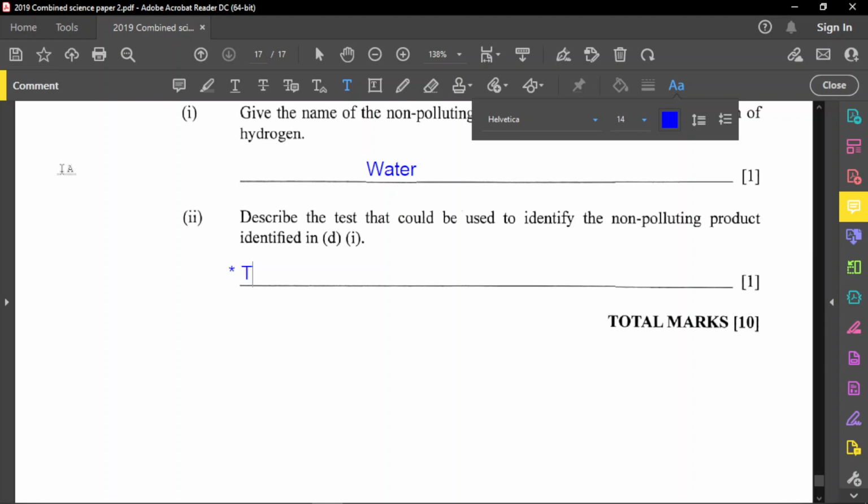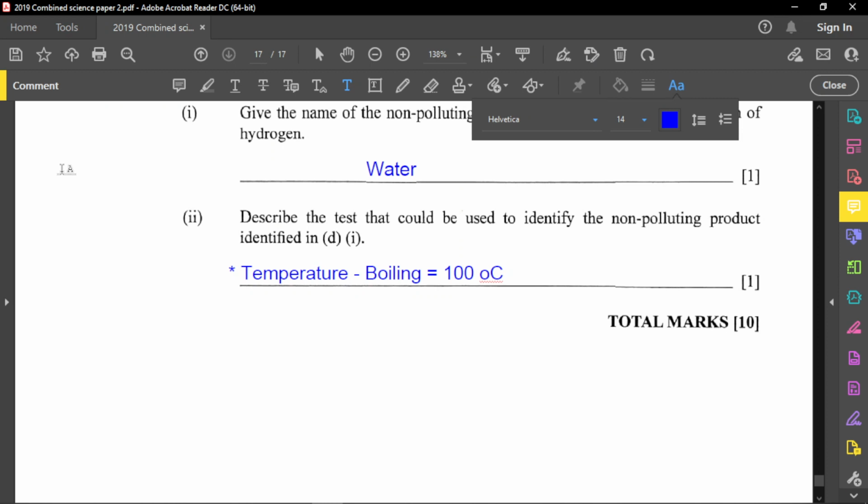Since water is going to be in vapor form, you know it's going to boil or evaporate at 100 degrees Celsius, so you can test the boiling point of the gas. The boiling point is 100 degrees Celsius. Of course you can also freeze it, and if it's pure water, it will freeze at 0 degrees Celsius.